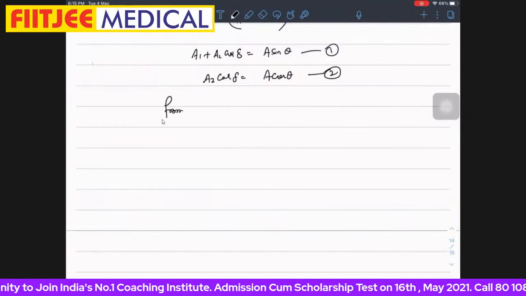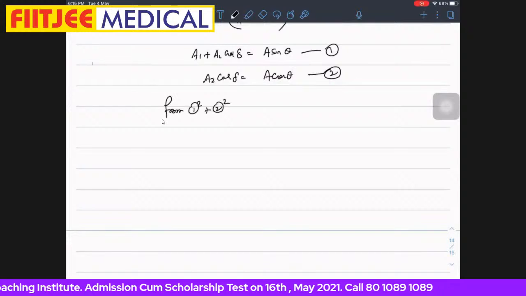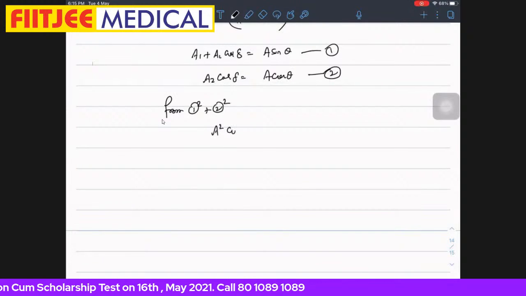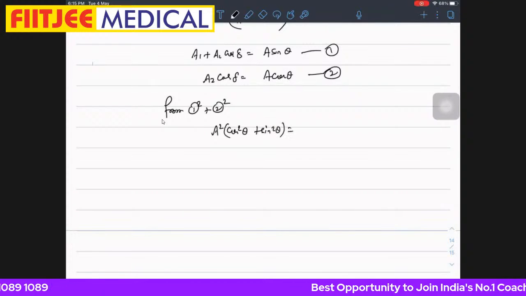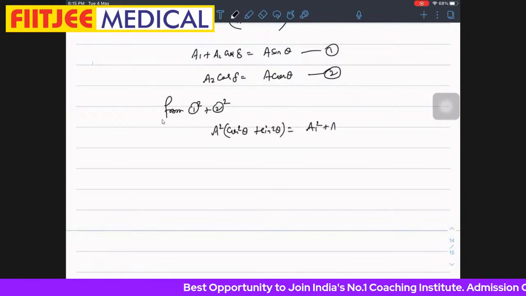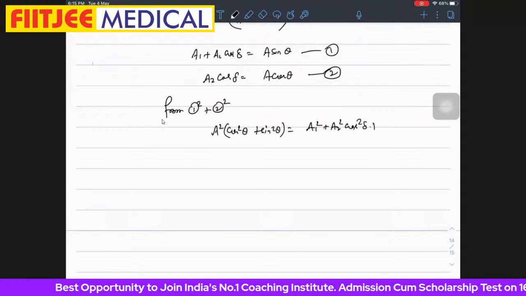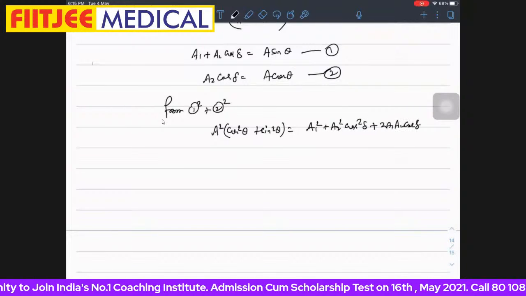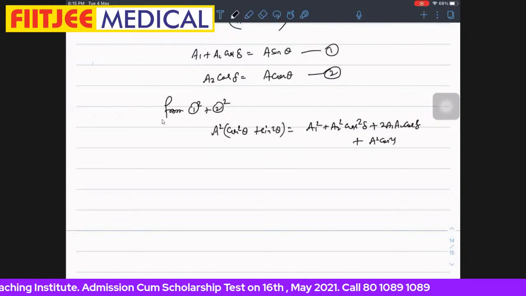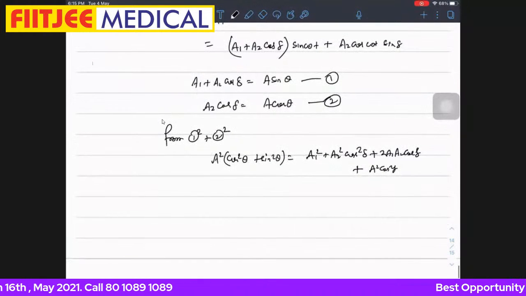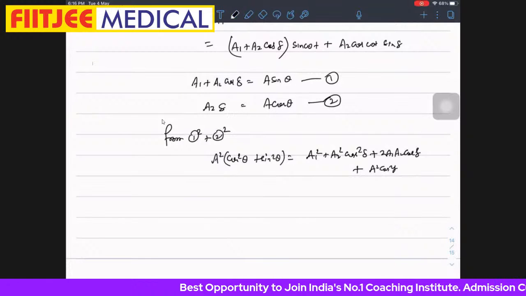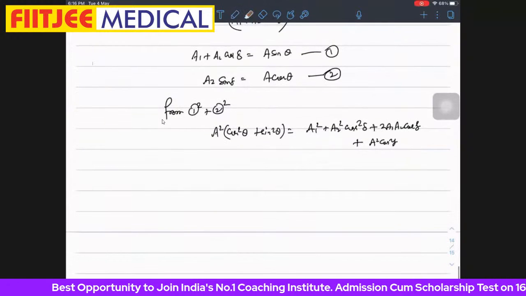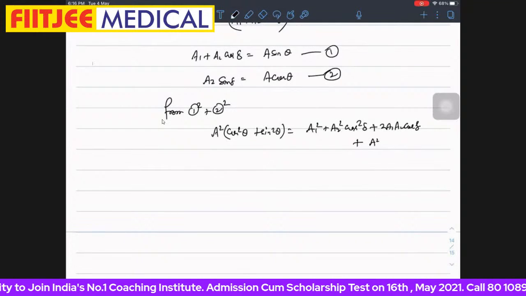So from 1 square plus 2 square, A square into cos square theta plus sin square theta. This will become A1 square plus 2 A1 A2 cos delta plus A2 square cos square delta plus A2 square sin square delta.